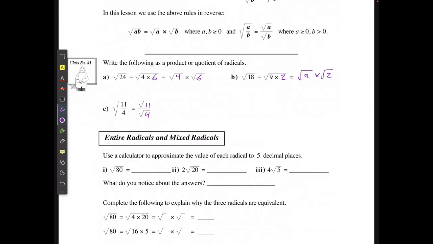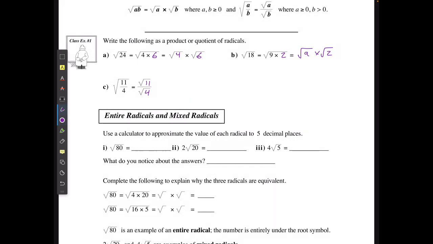Now, if I am plugging these irrational values into my calculator, and I took the square root of 80, that's going to give me 8.94427. If I plug into my calculator 2 times the square root of 20, I get 8.94427.